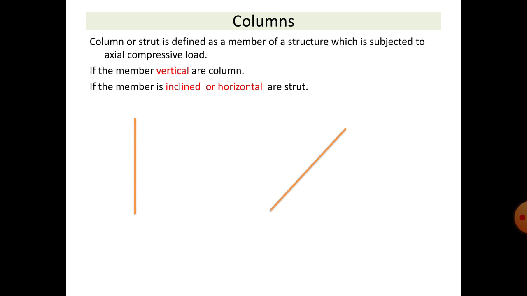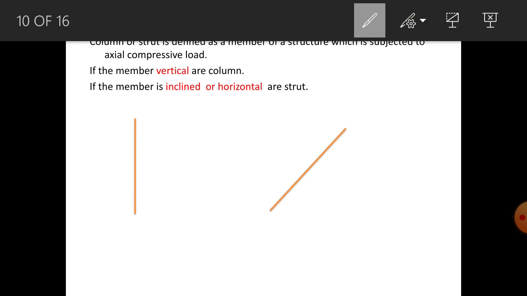If the member is horizontal or inclined, then it becomes a strut. A strut is the same as a column, but the positioning of the member is inclined, and the loading will be axial. Only compressive axial load will be applied over it. That is the difference between columns and struts. The load will be applied at the axis.